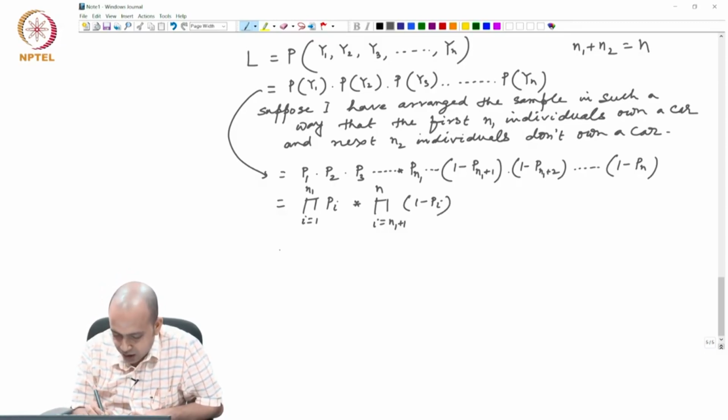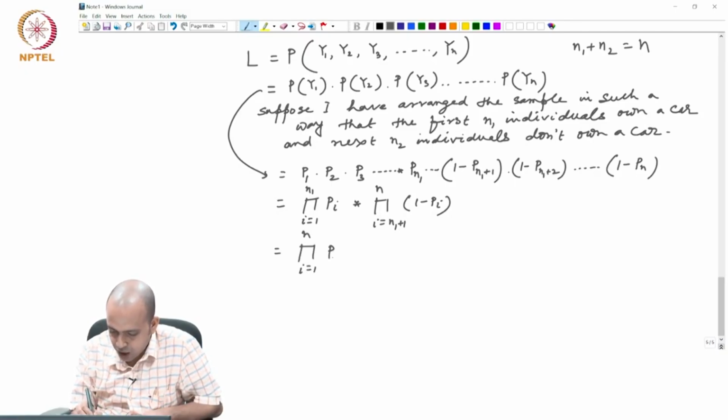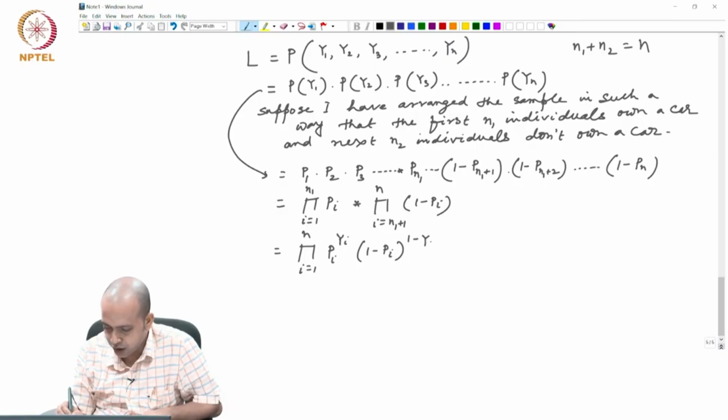And this again you can write as one grand product, pi to the power yi into 1 minus pi to the power 1 minus yi.